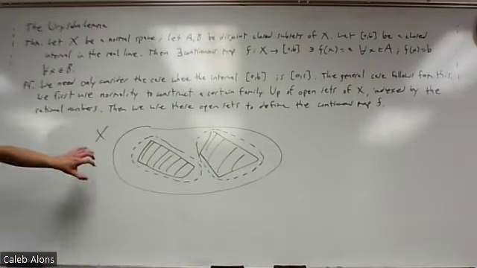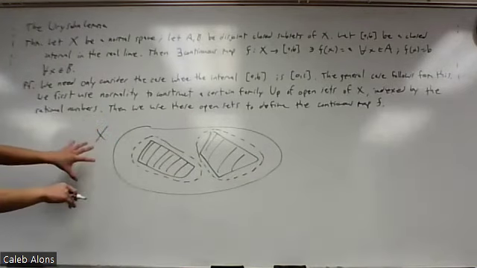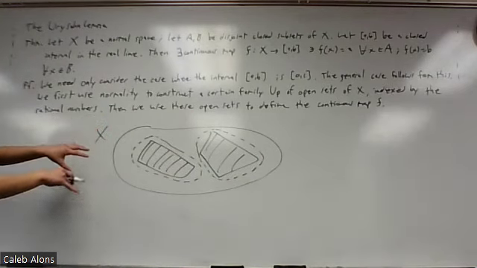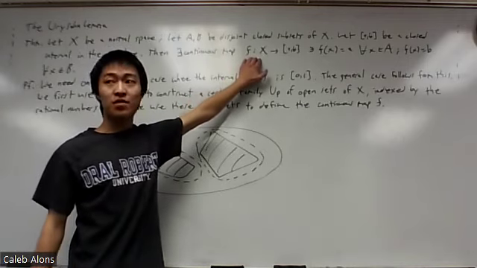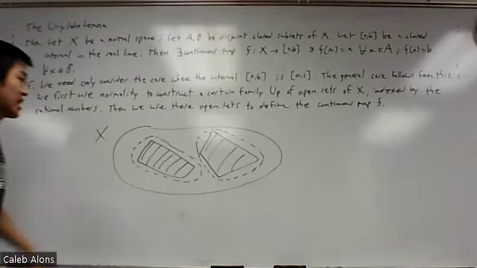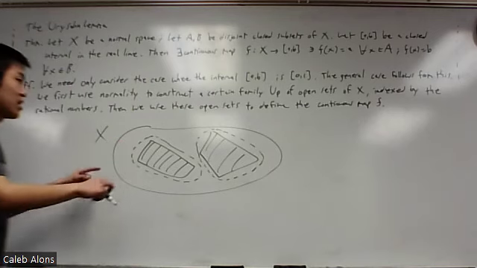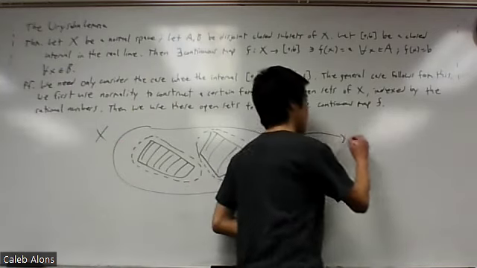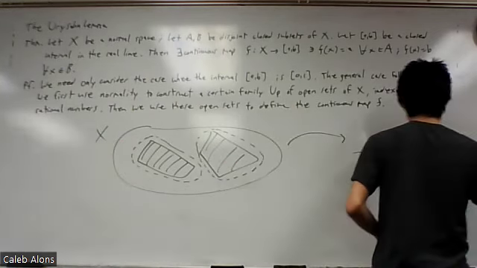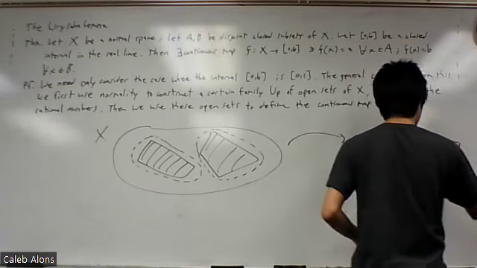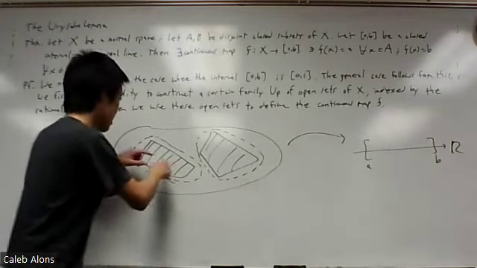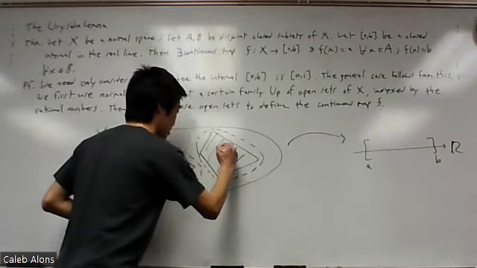So what we're going to say is that this topological property of being normal is going to imply that we can always define a continuous map, taking points in this space onto R, some closed interval from a to b, where here's say a, here's say b.